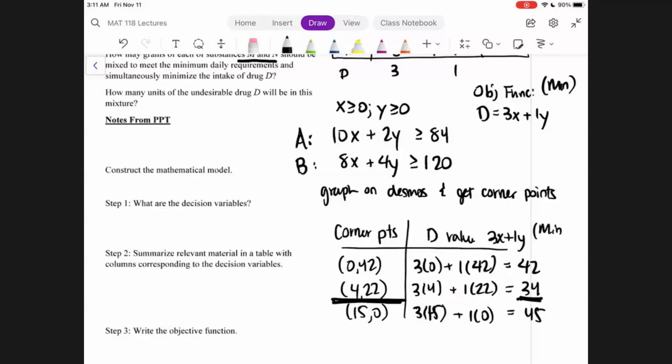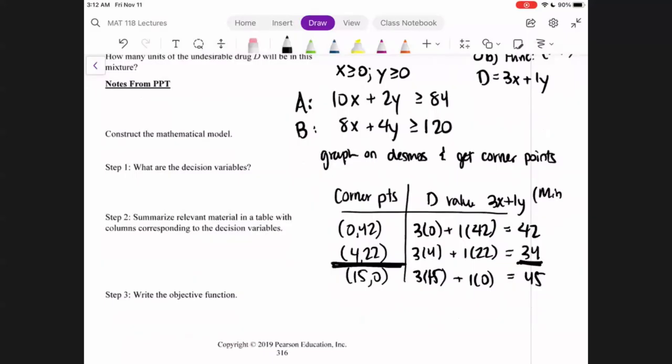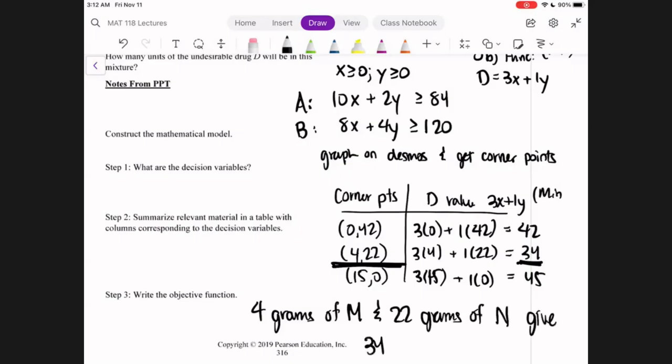So this would be the amount of M and N I should take. So 4 grams of M and 22 grams of N give 34 grams of D, okay? Which is the minimum here.